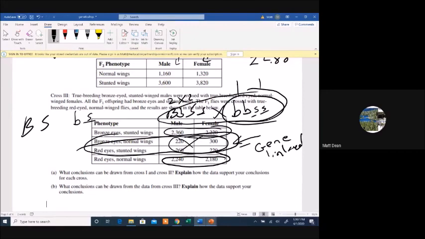But we are. And the only way we can get these combinations that we shouldn't get, assuming there's gene linkage going on, is that if during meiosis, sometimes this B gets mixed with that S. It's pretty rare, but sometimes it happens. And sometimes this S gets inherited with that B. So the only way we could get bronze eyes with normal wings and red eyes with stunted wings, if gene linkage is going on, is that occasionally crossing over creates gametes that otherwise wouldn't be there.